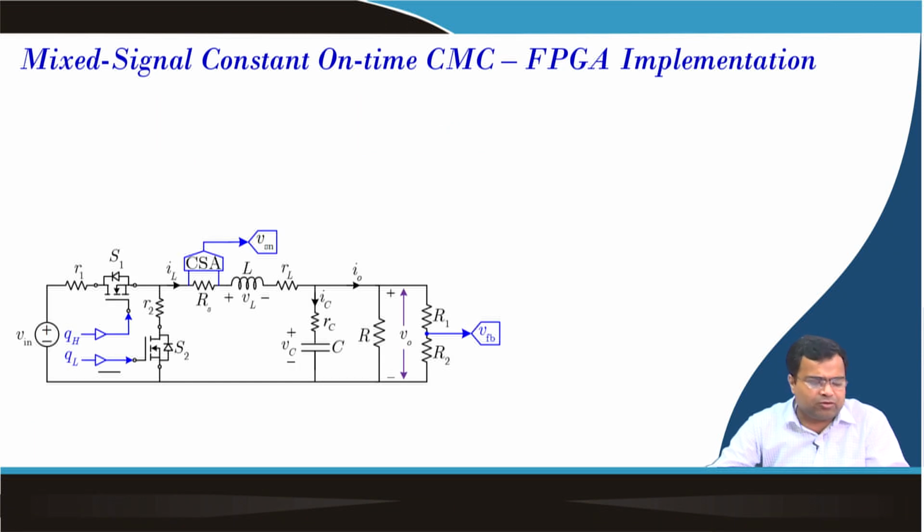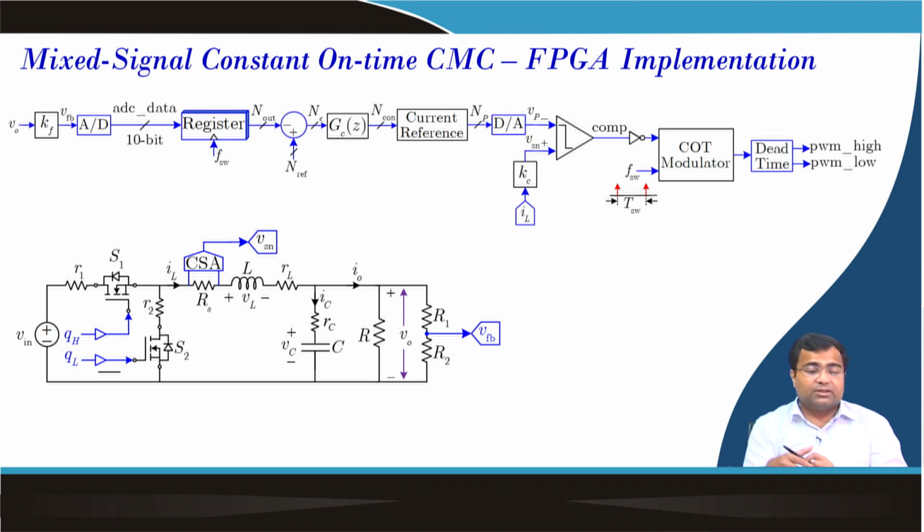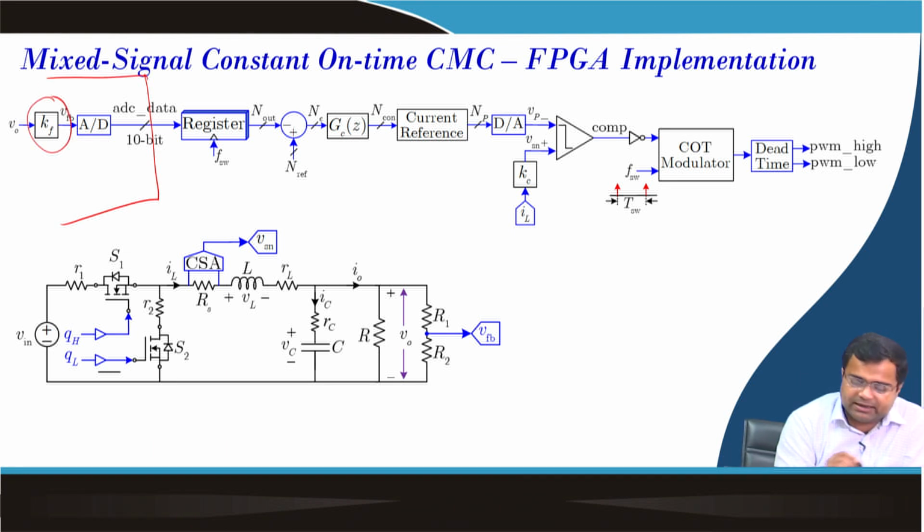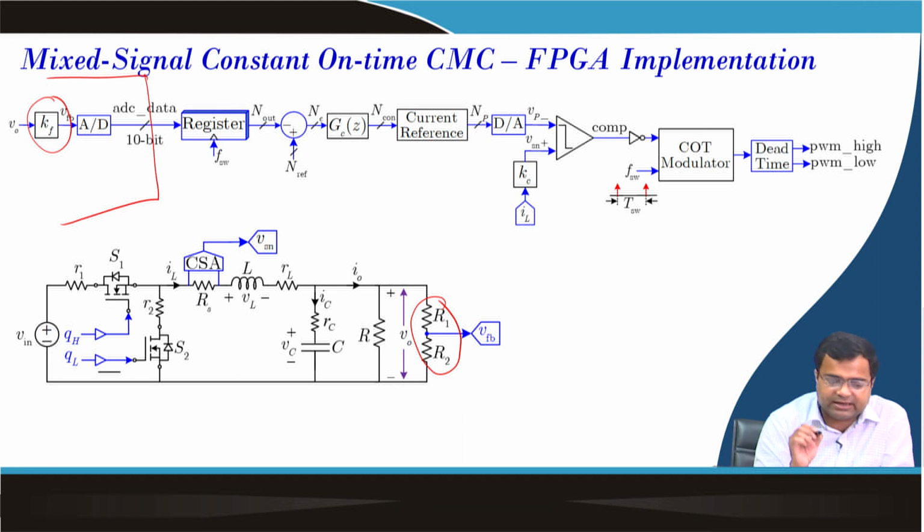And if we consider this DC-DC converter, the buck converter, then we have discussed that this part is our ADC voltage feedback gain, because we have this resistive divider. Then ADC data is sent; here we are using an ADC clock which is a 25 megahertz clock.